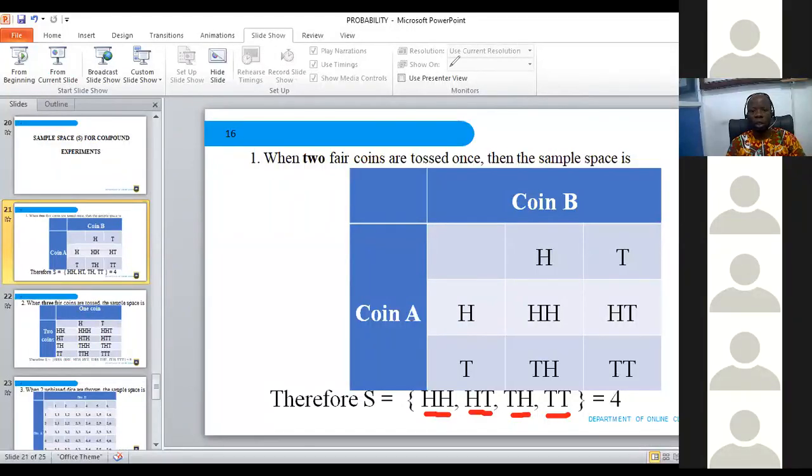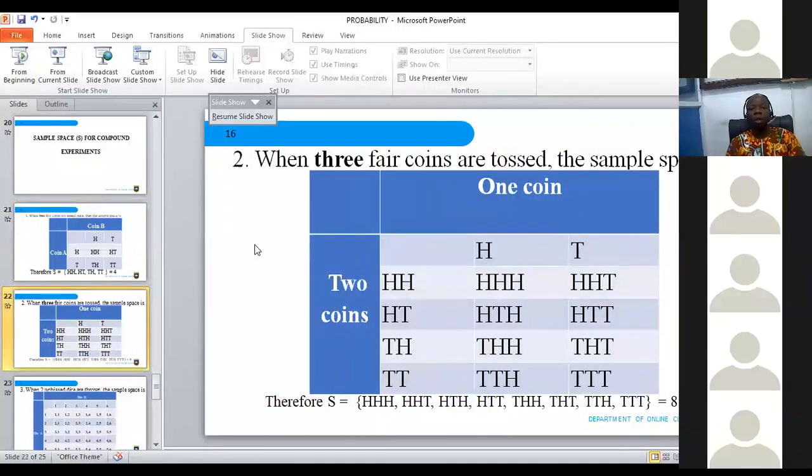The next one there is when 3 fair coins are tossed. So we've moved from 2 to 3. When 2 fair coins are tossed once, the sample space is this.